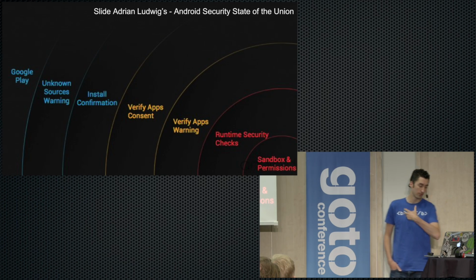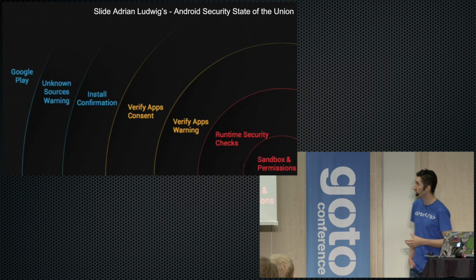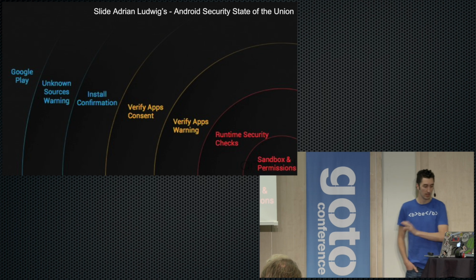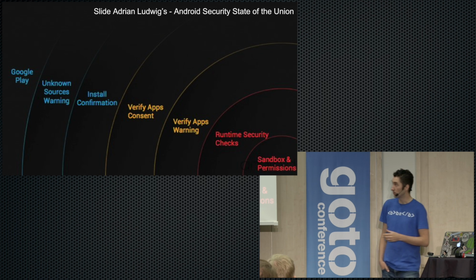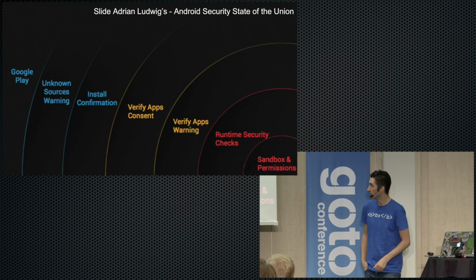The next slide talks about the different layers, and I've stolen this from Adrian Ludwig's talk from Black Hat, because I thought it was quite good at showing the different layers. If you go from left to right, that's the more cloud-based services, and then the layers within the device.